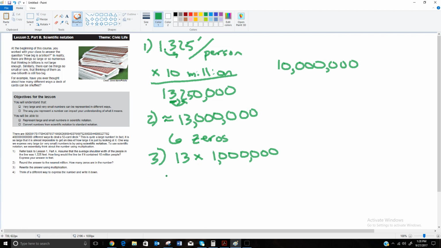And it says think of different ways to express the number and write it down. So there's some different ways we could do that. We could think of it in word sense, like we did in the table from the last lesson, 13 million. We could shift the decimal over one spot and think of it as 1.3 times 10 million.